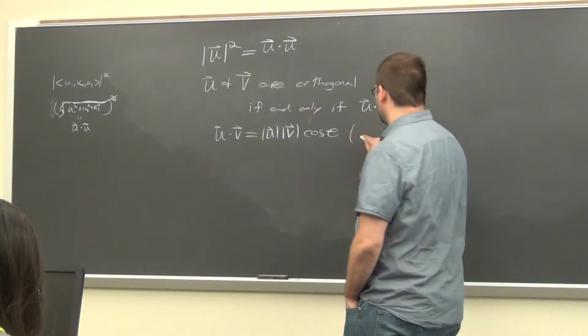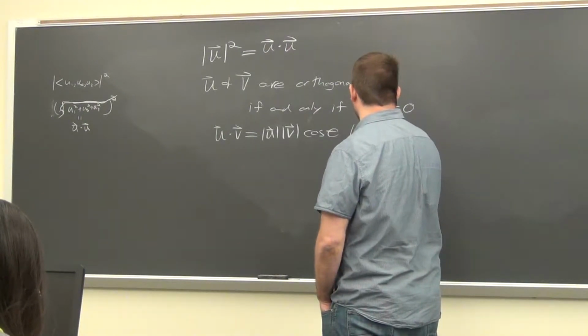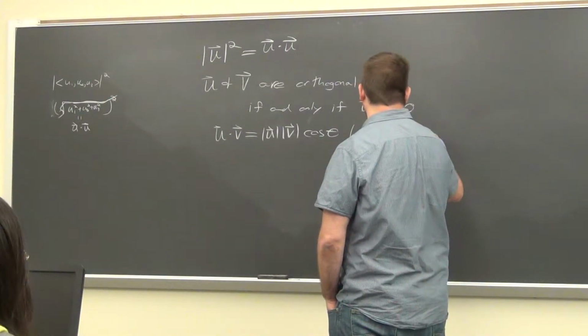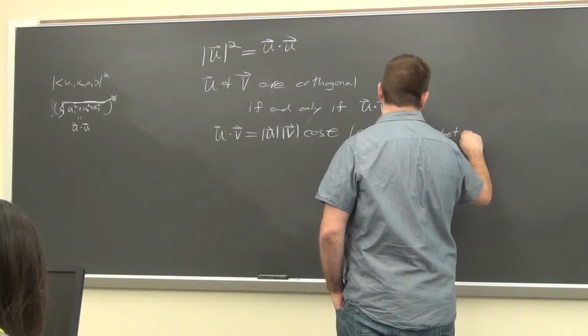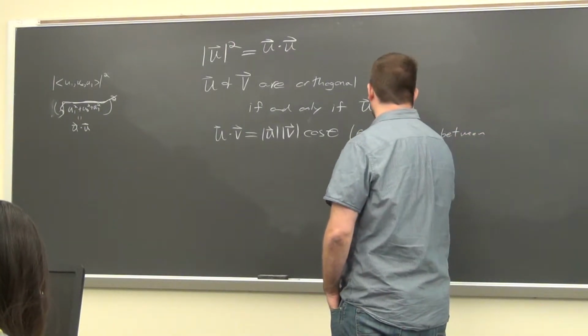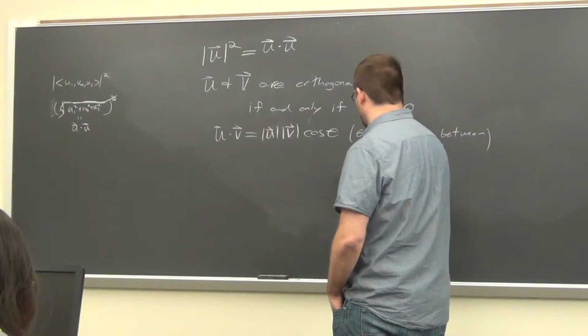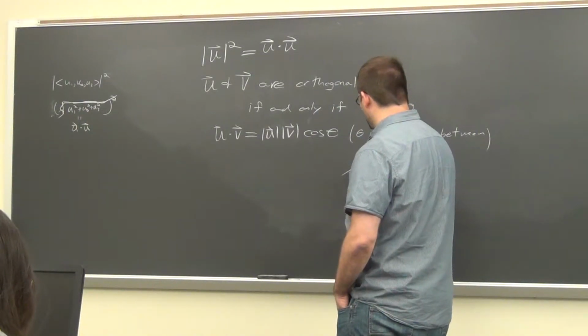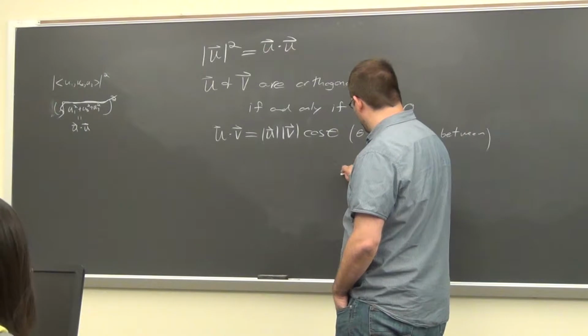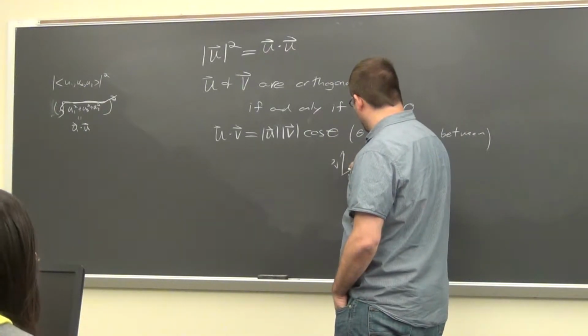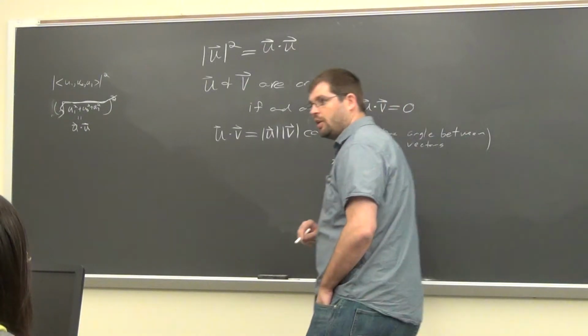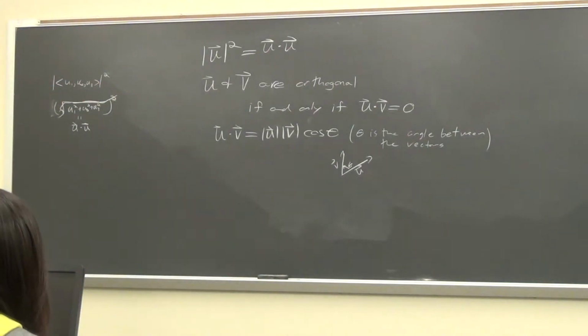And again, we haven't said what theta is, but theta is the angle between the vectors. Okay, so again, the idea is you got some u here, right, and you got some v here. Theta is just that little angle between those guys. That make sense? And it just follows immediately from the law of cosines.